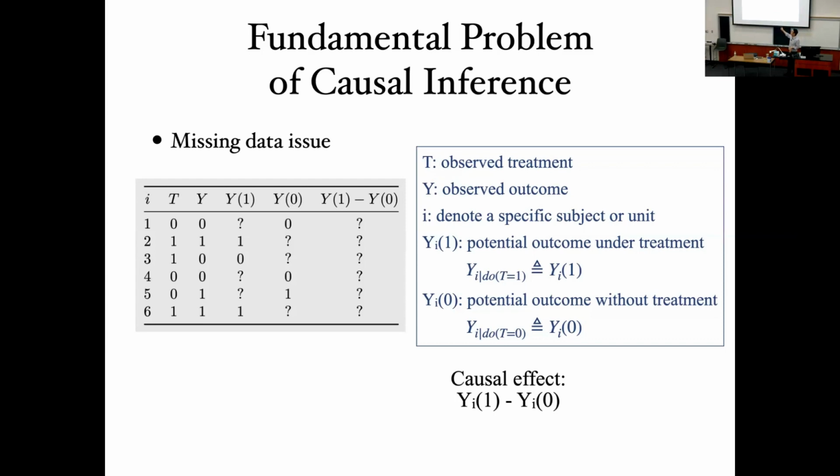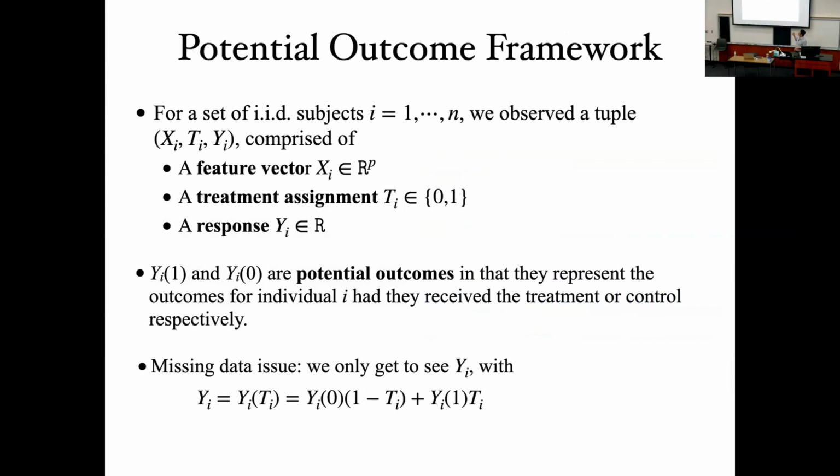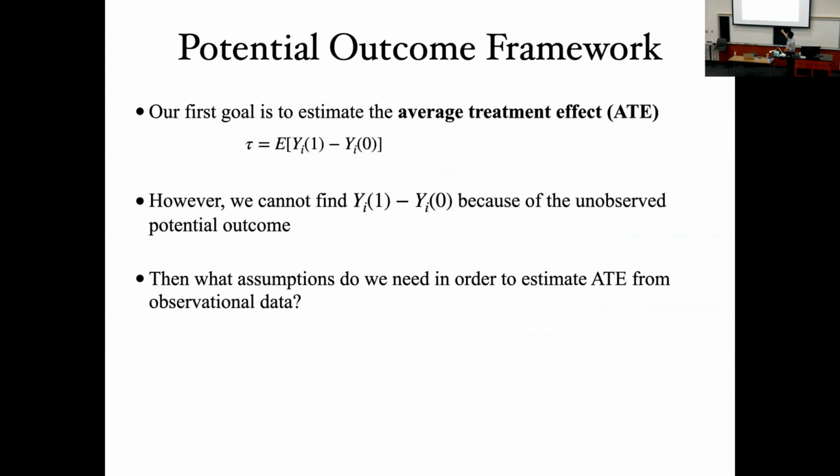We have to make assumptions. Now let's see how you can proceed. This is just a summary, and we want to go further. You want to find this expectation with respect to different subjects. So you want to see the average causal effect.